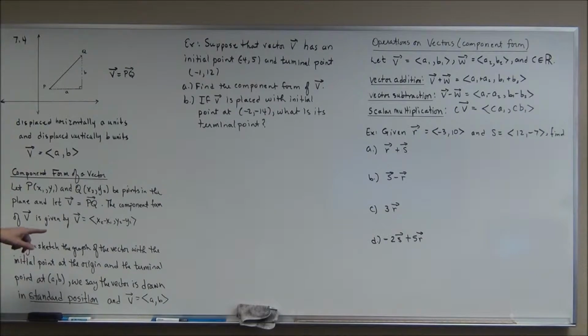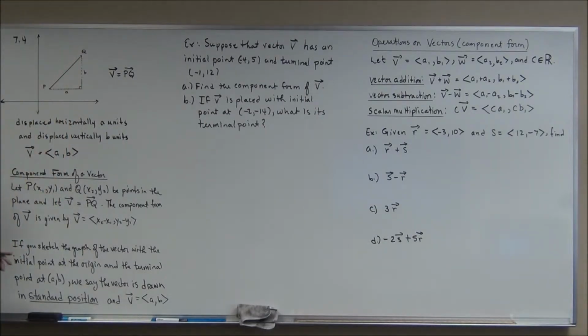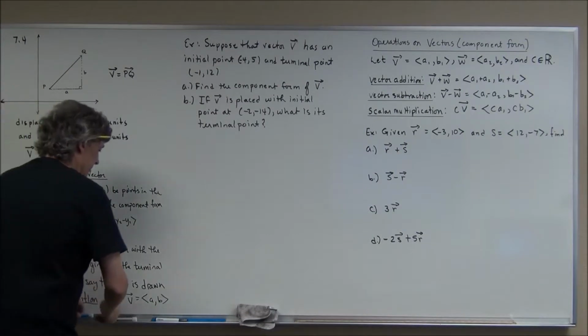Now if you sketch the graph of a vector so that the initial point is at the origin, I would have to take this vector and bring it over here. Let me use a different color here.